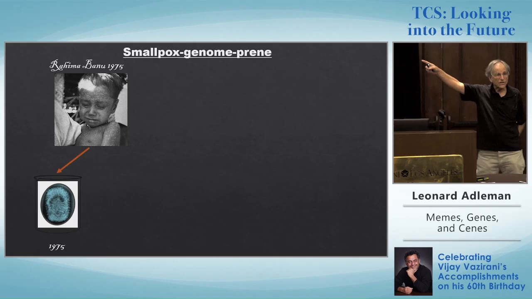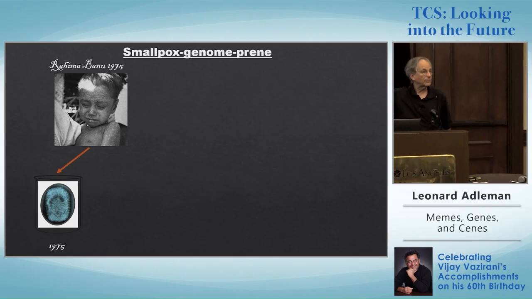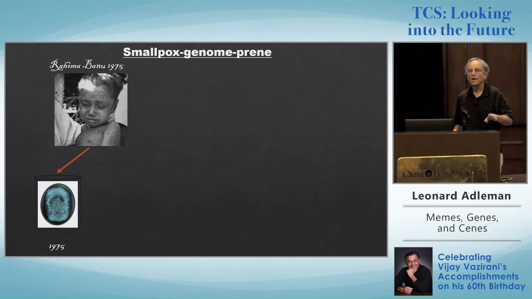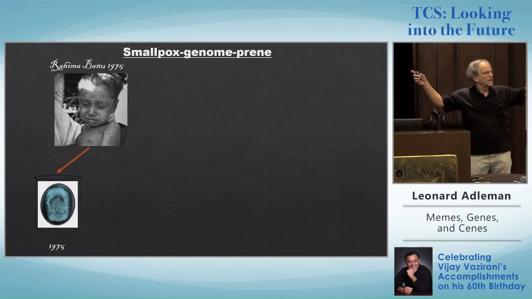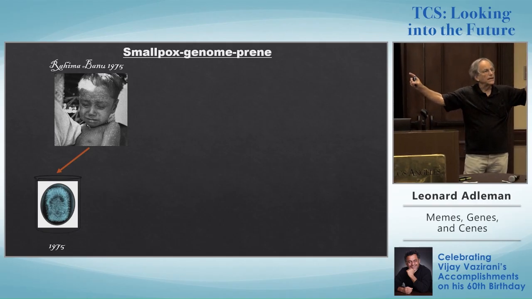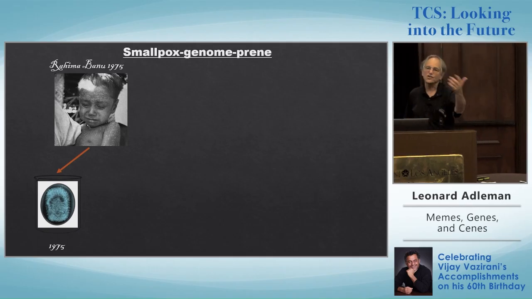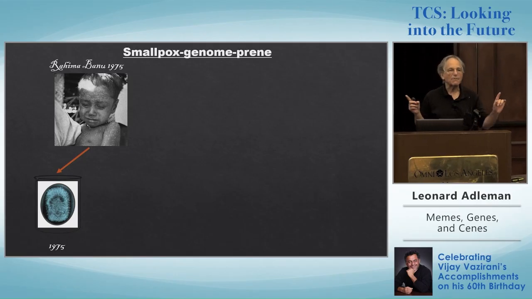Just before that last virus died in Rahima's body, they took a blood sample, right? And that blood sample ended up being stored in, now I think, samples of her blood in Russia and the United States. Now, of course, that means there's actual virus in some lab, but that's not my point.